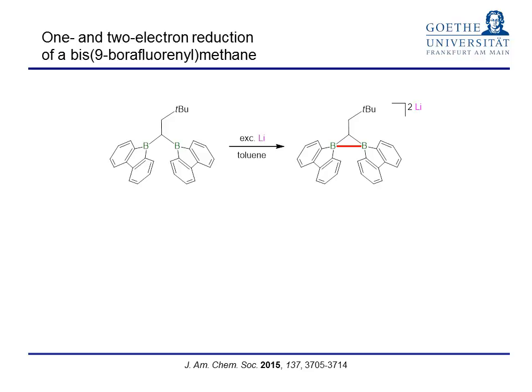The dianion can be oxidized to the monoanion in a comproportionation reaction with the neutral diboramethane. The monoanion possesses a rather unusual bonding situation with the B-B 1-electron 2-center bond.